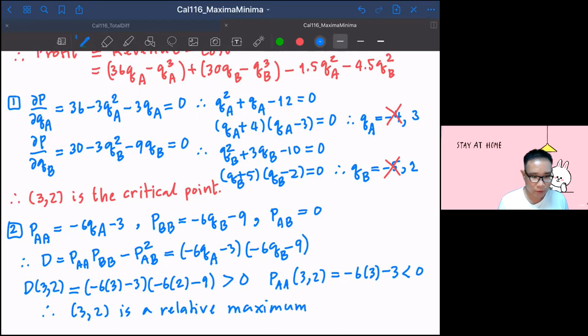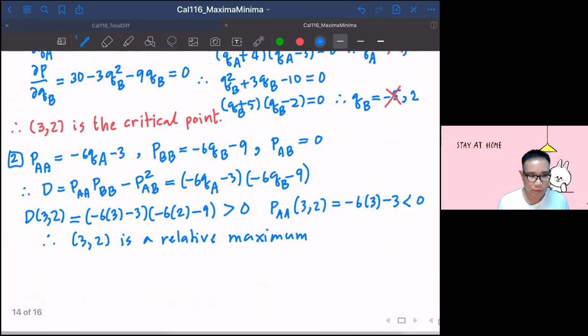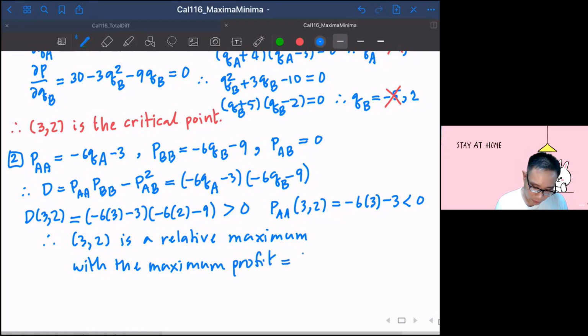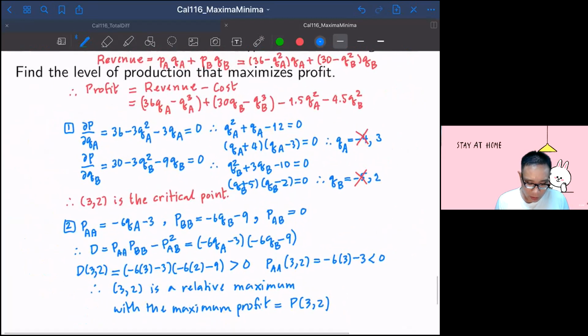By the second derivative test, (3, 2) is a relative maximum with the maximum profit equal to P at (3, 2). You just plug in QA equal to 3, QB equal to 2, and you find the profit in dollars. You can do that by calculator.